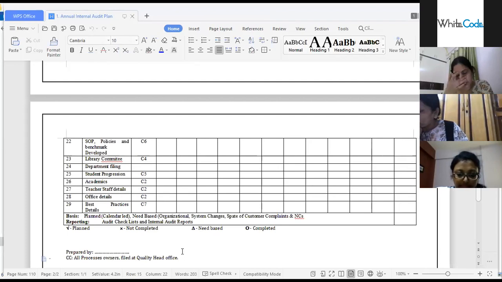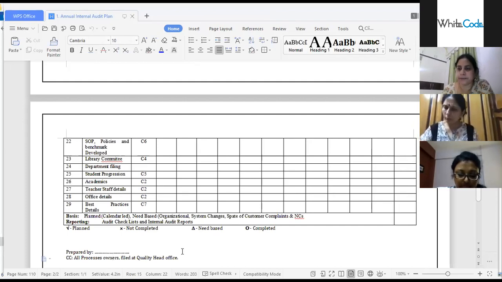So when you do a need-based audit, put it into the calendar and put a small signature that this is need-based. Generally, if you are ticking it with a right mark, then it means that you have planned. After the planning, when you complete it, below the right mark you write O. That means completed.